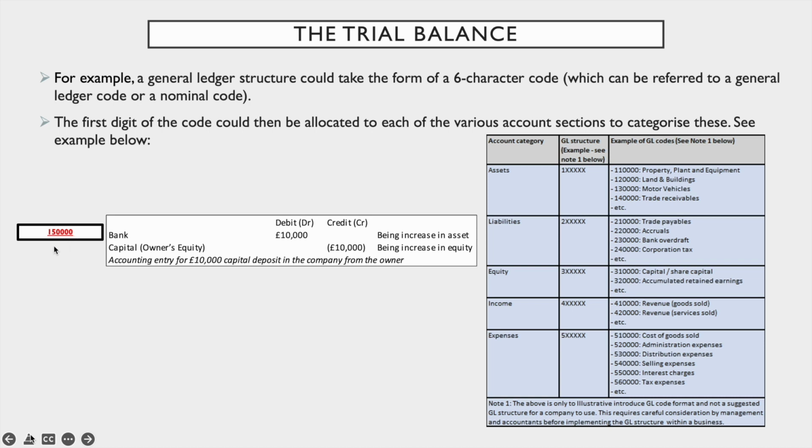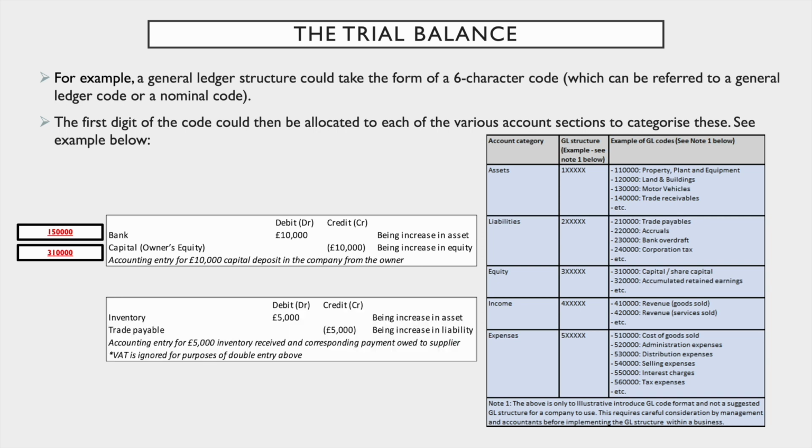Again, that wouldn't be the same across all businesses, obviously, but in this example that is what we've gone with. The other side of this transaction was capital. Capital starts with a 3, and in this case, we know that capital is 31 followed by 4 zeros. So then that credit would be posted to this capital account, and that's one way accountants would keep track of these transactions represented in the journals.